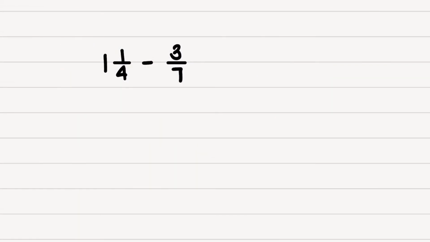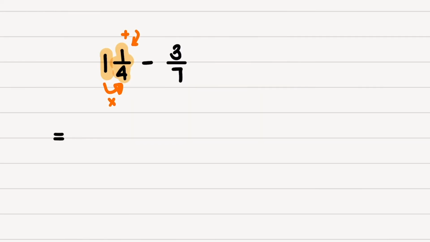Alright, looking at the next example, I can see that I have 1 1/4, which is a mixed fraction. So my first step is to convert that mixed fraction into an improper fraction. How do I do that? 1 times 4, and then I'm going to add the numerator of 1.